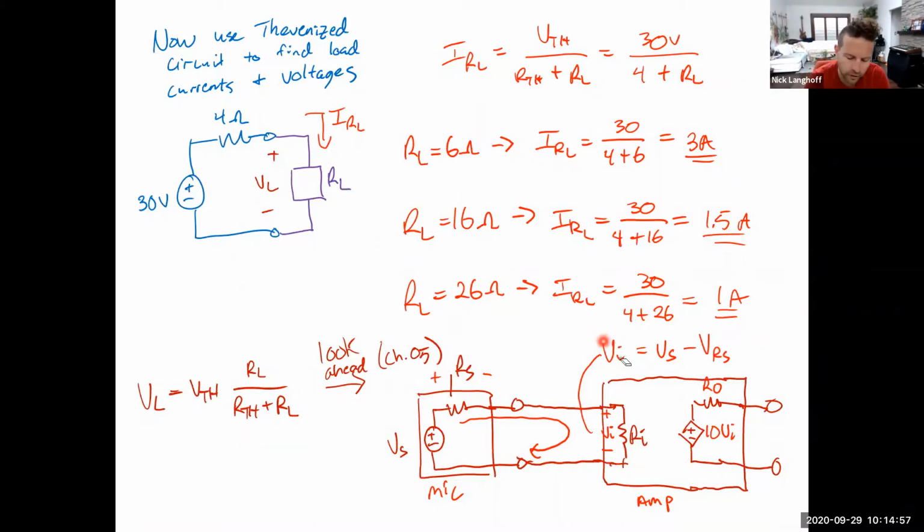Or in terms of voltage divider, now that we've Thevenized that circuit, Vi is always going to be Vs times Ri over Rs plus Ri. So that's the importance of Thevenizing a circuit.